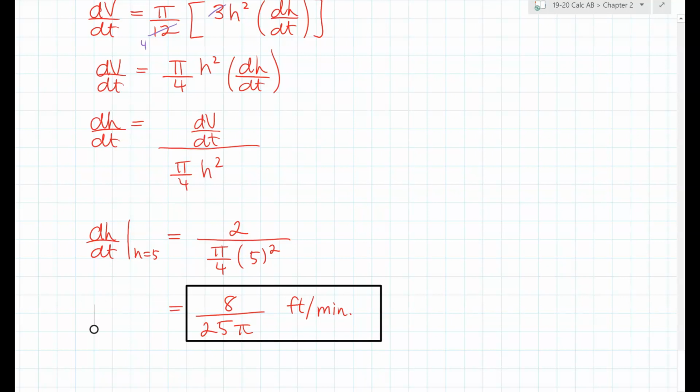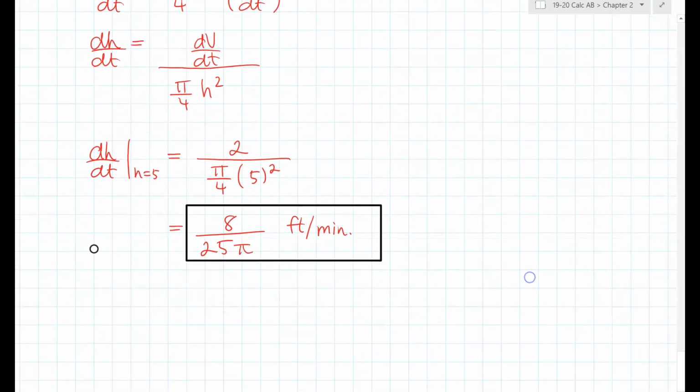Does it make sense that the height is positive? Yeah, because it's growing, right? So we just got to write a statement here. At what rate is the height of the pile growing when the pile is 5 feet high?